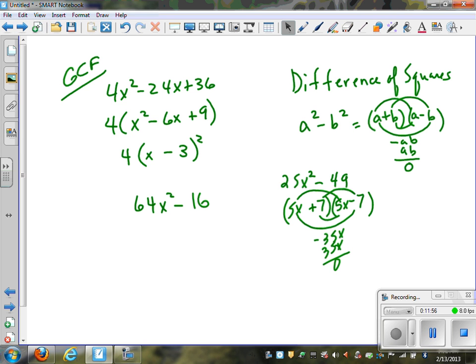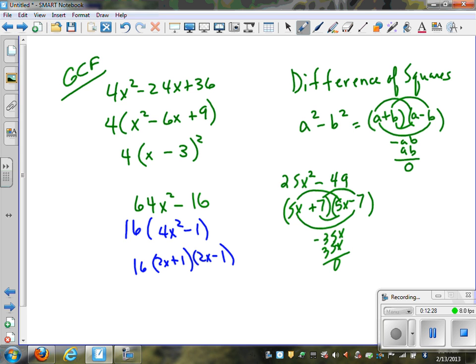The 16 divided by 64? So when you took the 16 out, did you guys get 4x squared minus 1? And then, is that a difference of squares? What do you square to get this? 2x, and 1. Does the middle term drop out down here? There's your 4x squared minus 1.